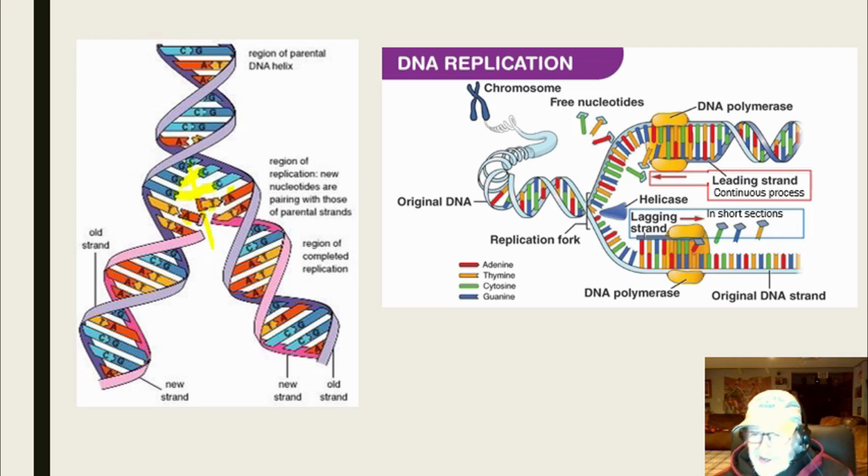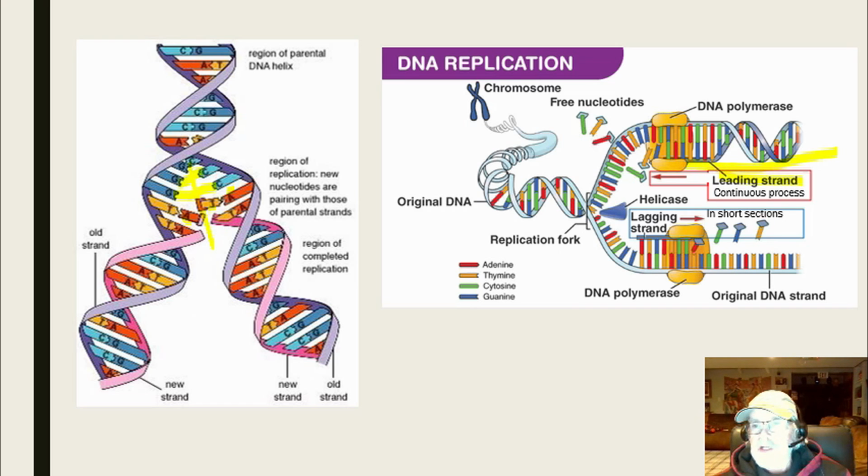I don't know why. Whoever designed this system millions of years ago probably said, you know what? We've got to really screw with the brains of all these A&P students down the road, and tell them that one strand doesn't duplicate the same. What they have is what's called a leading strand. A leading strand, as it unwinds, builds from the bottom up.